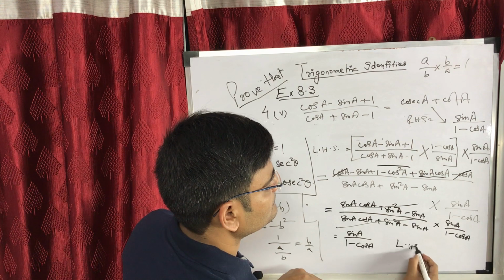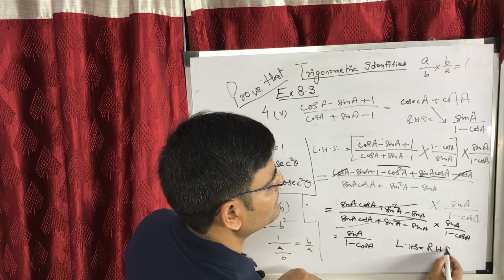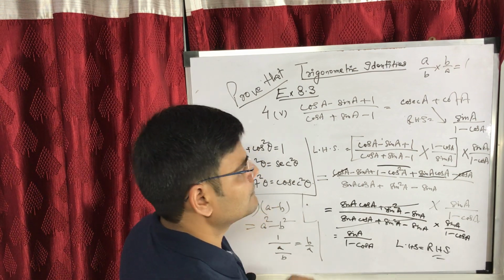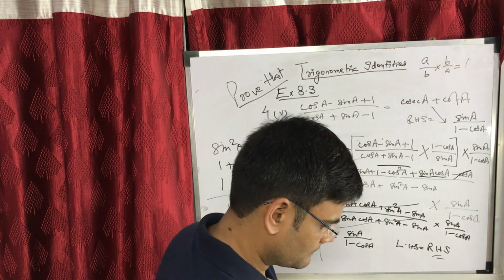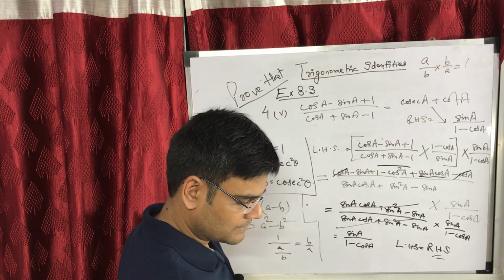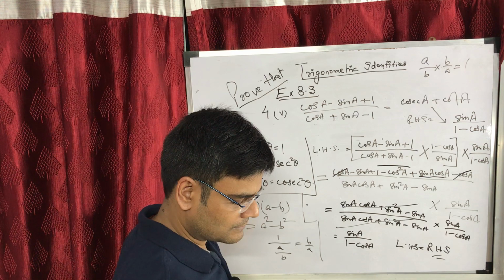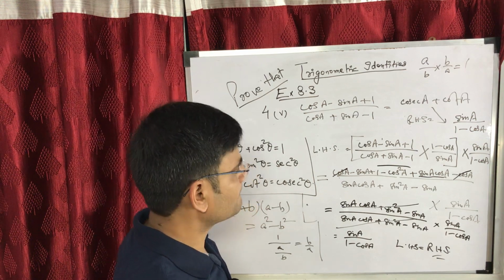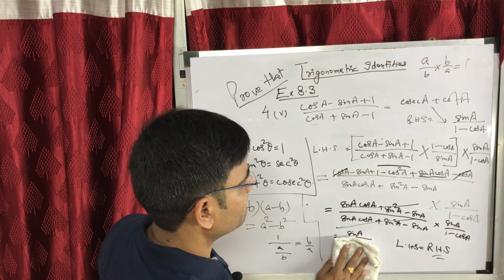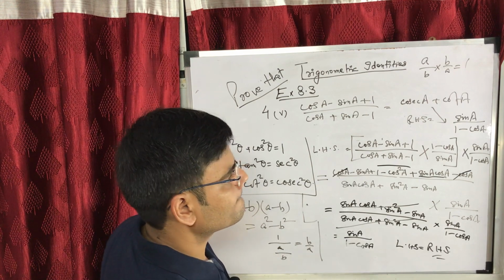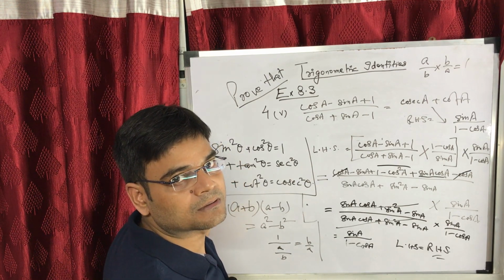So LHS equals RHS, proved. I hope this was clear. It seems we have time. Let's try another one, number 6. Let me know if you have any questions again.